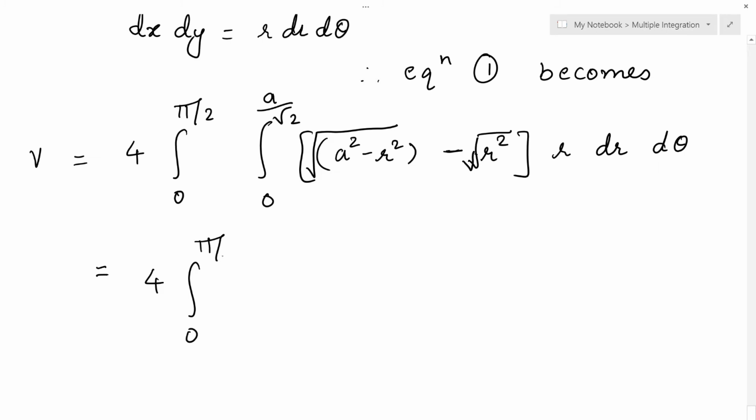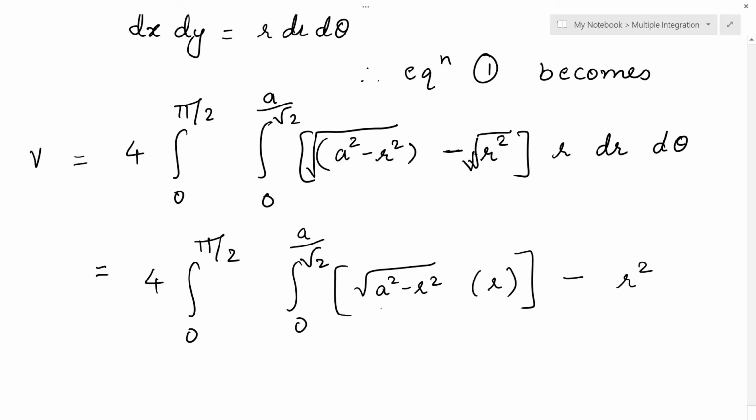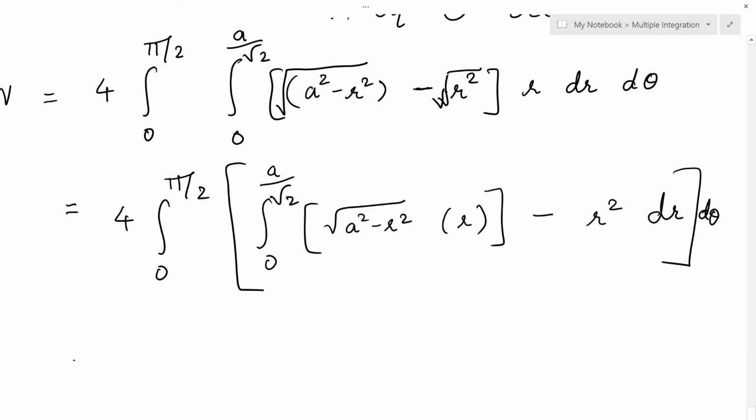So this will be 4 into 0 to pi by 2, 0 to a by root 2, and this is nothing but under root of a square minus r square into r, minus r into r has become r square dr. So now if you look at this properly, the inside integration, you can use the formula of a square minus r square, you can multiply and divide by minus 2.